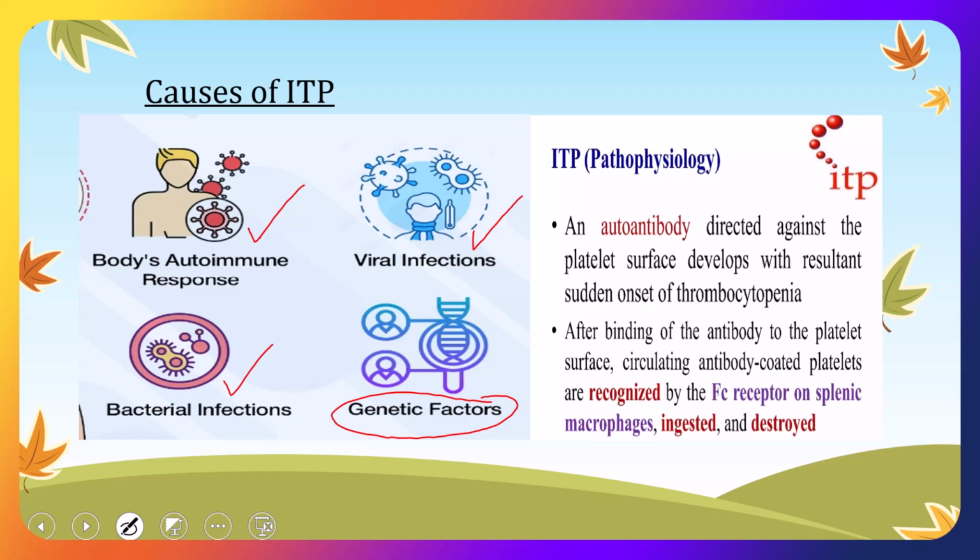So pathophysiology, as we discussed: an autoantibody directed against the platelet surface develops, which results in sudden onset of thrombocytopenia. After binding of the antibody to the platelet surface, circulating antibody coated platelets are recognized by the Fc receptor on the splenic macrophages. They ingest those platelets and then destroy them.